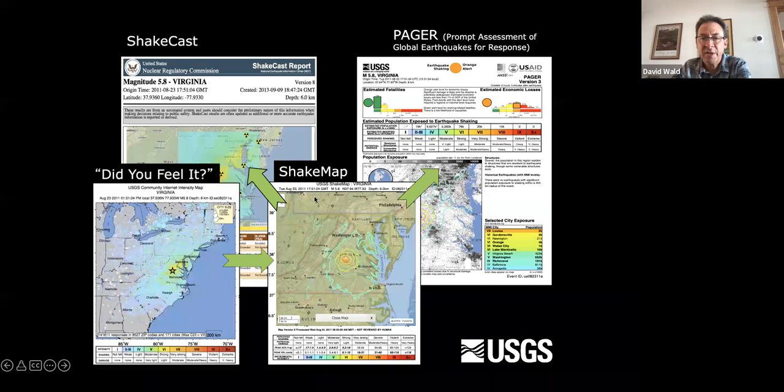There's another path that the ShakeMap takes, and that is with the ShakeCast system. And this is a system that's run by individual organizations, companies, agencies. In this case, it's the Nuclear Regulatory Commission. And they take the ShakeMap and they look at the shaking level at nuclear power plants, and they have a quick heads up of the shaking level and whether the shaking level has exceeded any levels of regulatory constraints for them, requiring them to inspect plants or shut down plants.